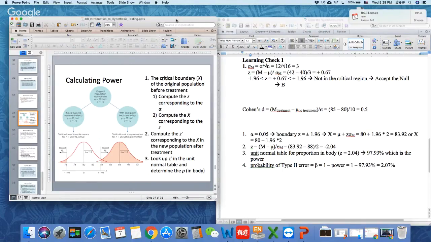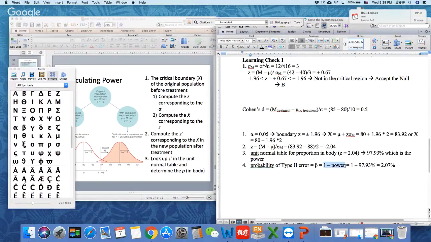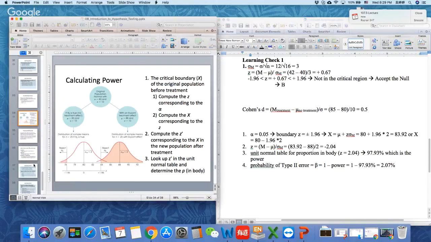You should know the power is related to the type 2 error, and can be computed as 1 minus the beta, 1 minus the probability of type 2 error. Optional.